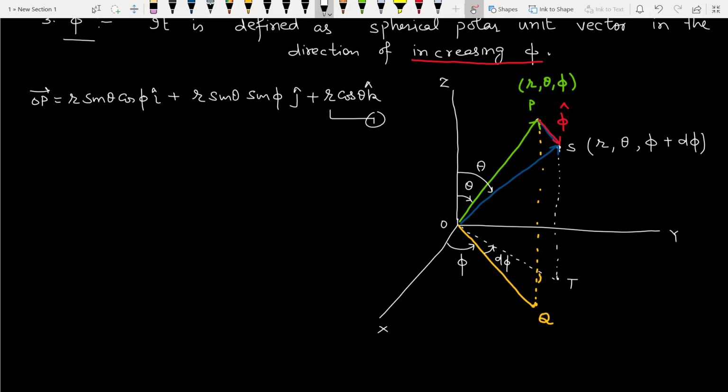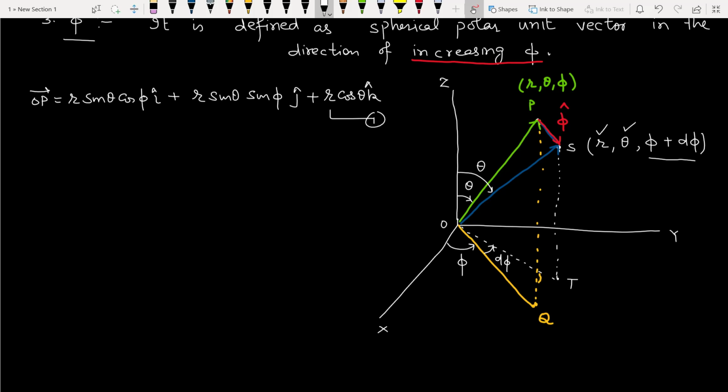So in the two-dimensional diagram, we feel that angle ZOS appears to be more than angle ZOP, but actually they are the same, because this line has been drawn out of the YZ plane towards the x-axis. That is, r and theta are the same, and there is a small increment in angle phi.